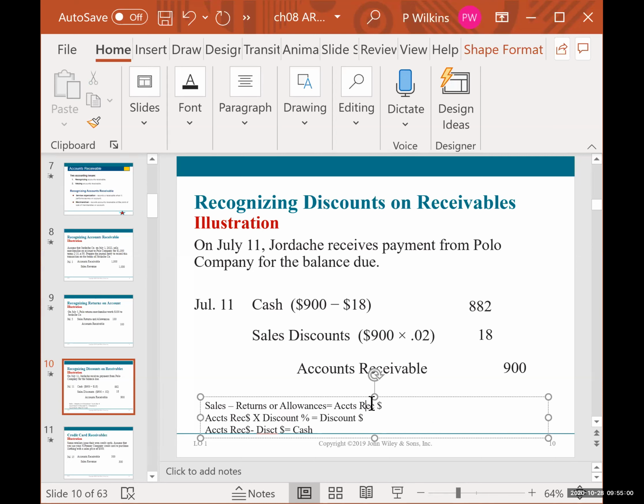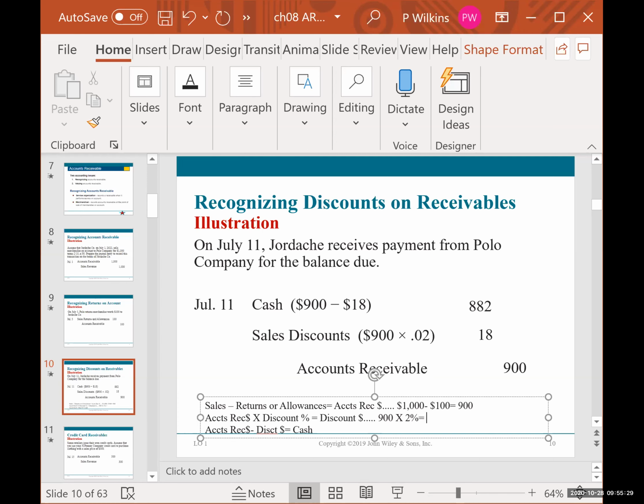So what I'll do is I'll put it right here for this one. The total sales for this one was $1,000, minus the return or allowance of $100. That would give us an accounts receivable number of $900. We then had $900 times the percentage, which was 2%, the discount amount for this problem.